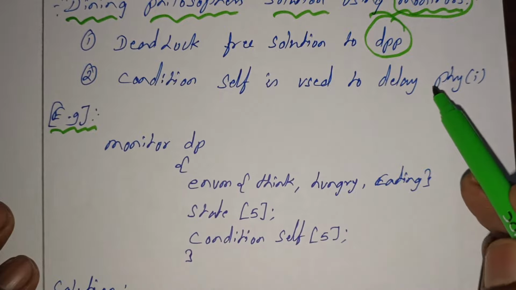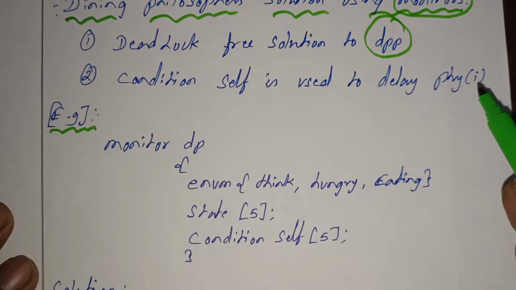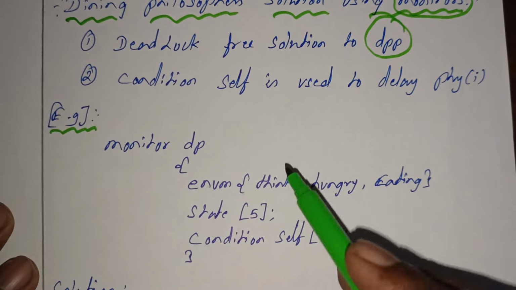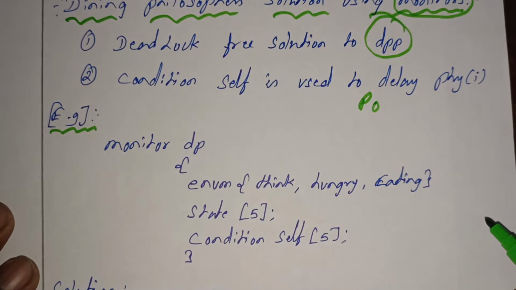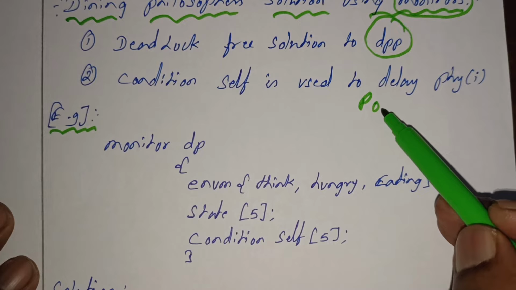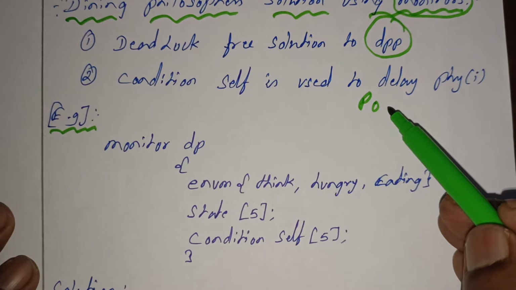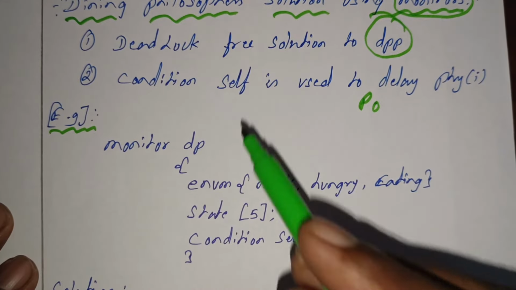It is used to delay the philosopher when he is hungry. Say, for example, philosopher number 0 is hungry, but this philosopher couldn't find the adjacent chopstick to eat. What will this self condition do here?